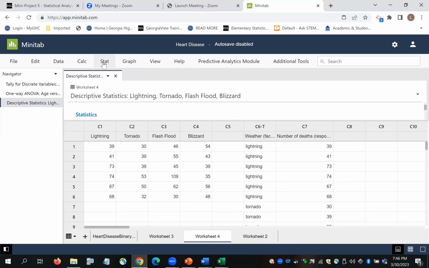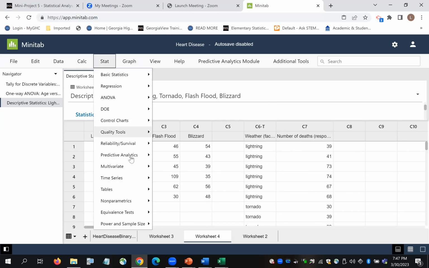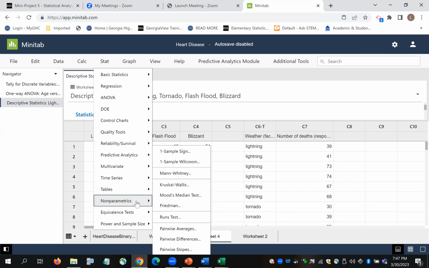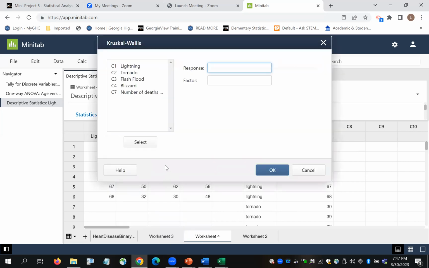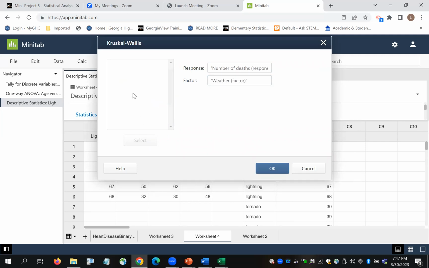So let's try it again. Stat, Nonparametrics, Kruskal-Wallis. My response is the number of deaths. The factor is the weather.